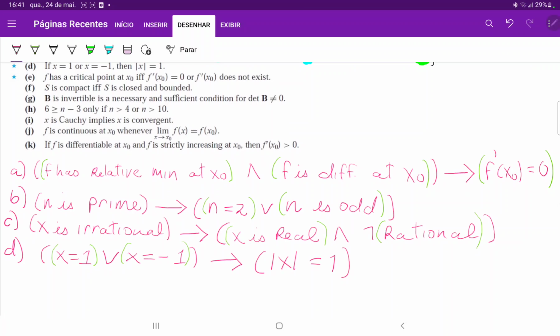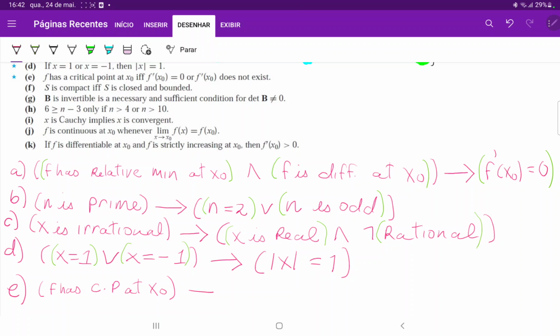Let's do item E. So for item E, we do have a biconditional, right? Because we have an if and only if. So our P is f has a critical point at x naught. So this one is straightforward. F has critical point at x naught.